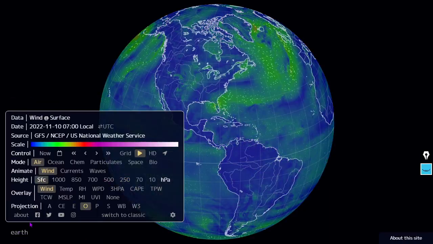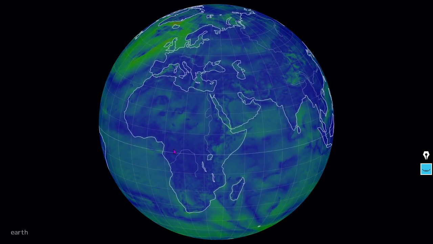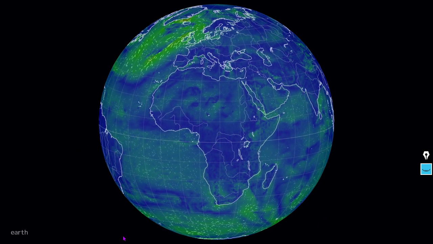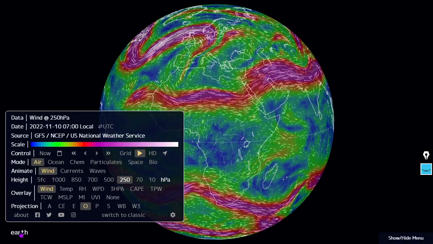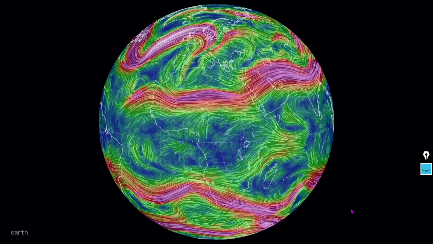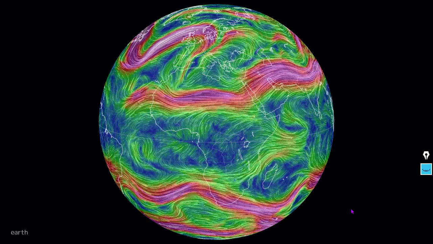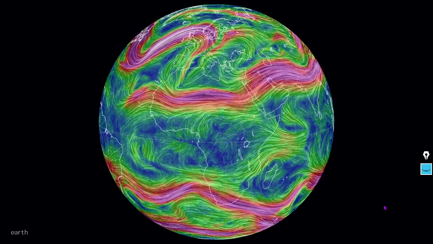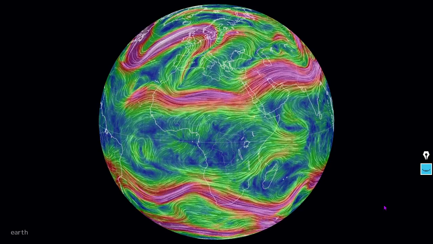And here are the surface winds of the central world. And the jet streams, which, by the way, are the single best feature to look at to predict global weather patterns. If you had to look at only one feature, jet streams would be a great one to choose.